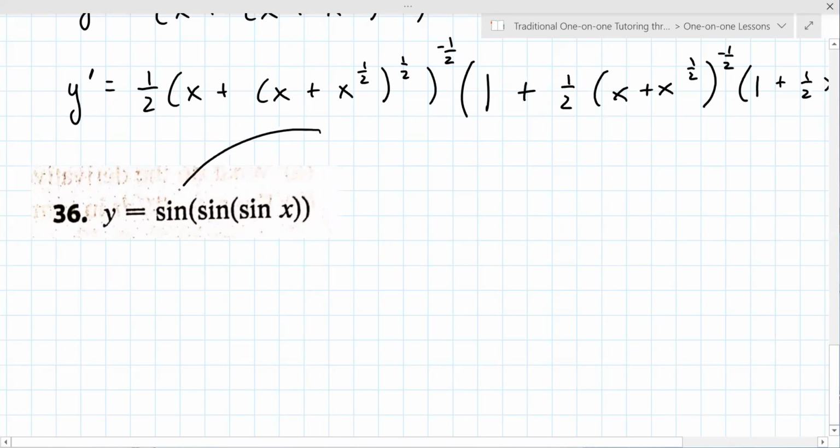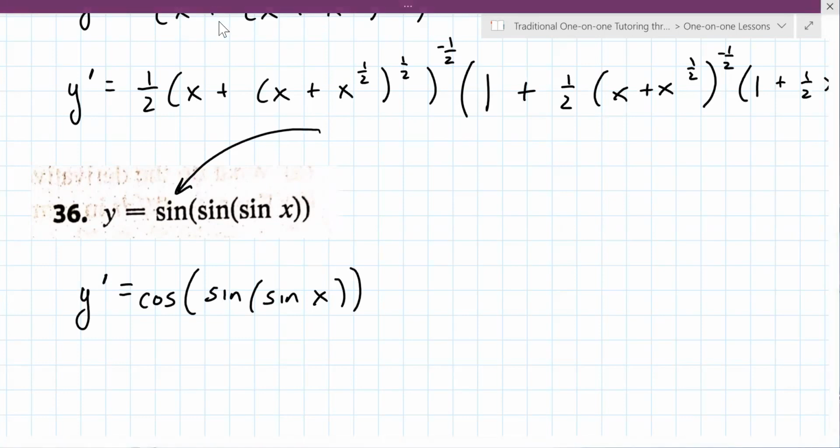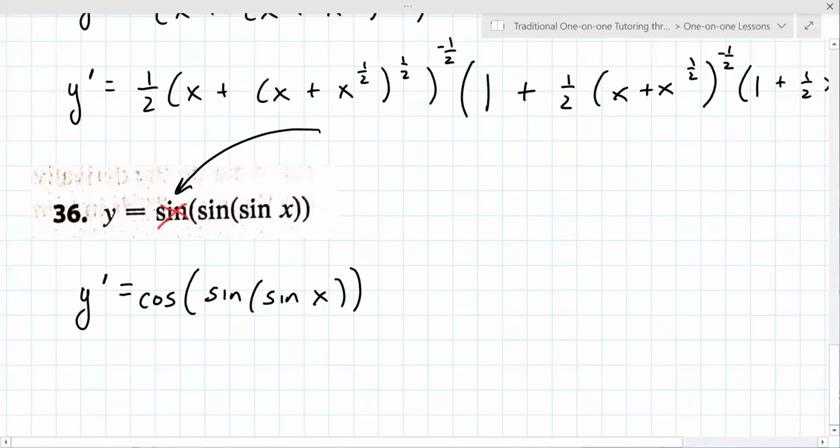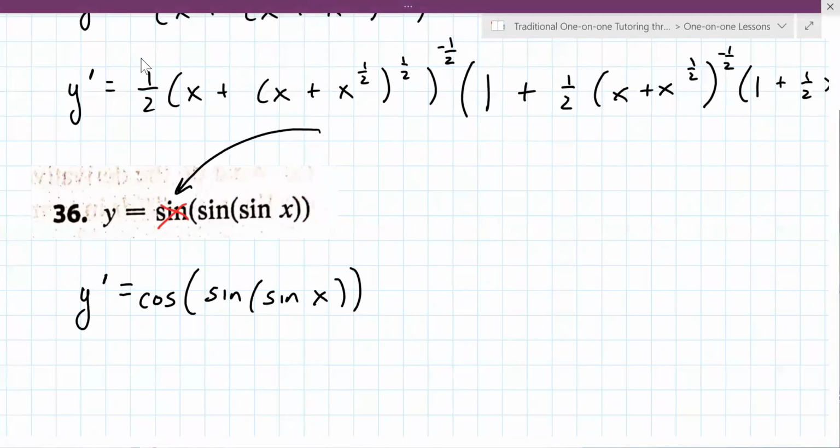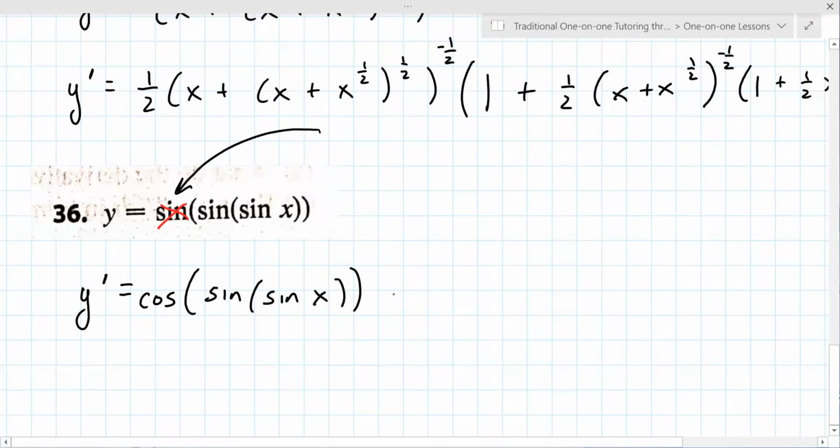The outermost function here is sine. So the derivative is cosine, right? And you keep the inside. This is what you mentioned to me earlier. You basically say, okay, I'm done with this. Now I look at the next one. So now you look at that second sine. What's the derivative of the second sine? Cosine as well. Still cosine, doesn't matter what it is. Keep the inside.